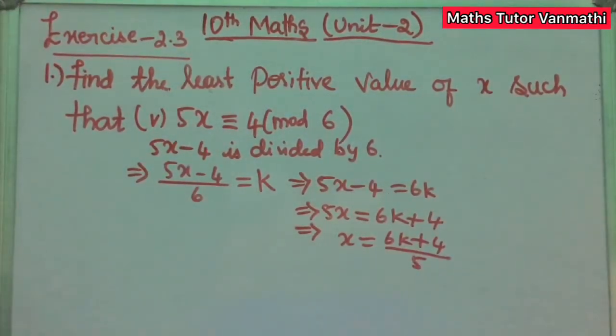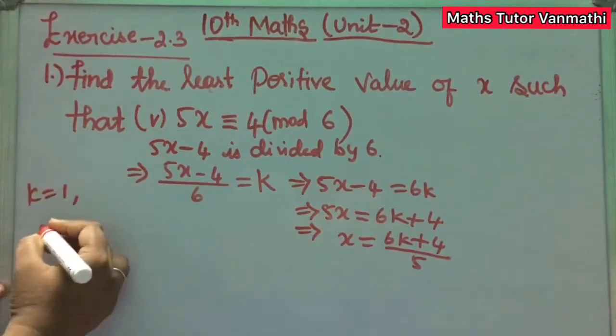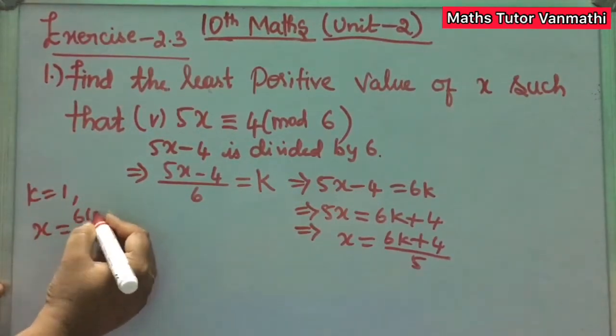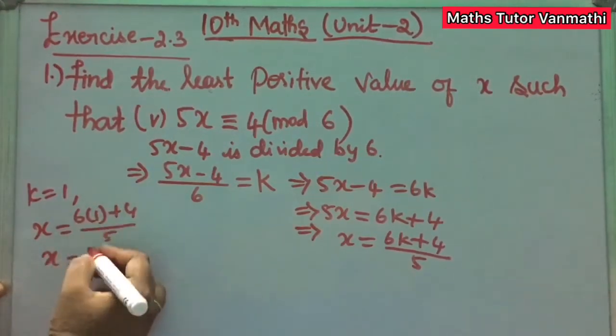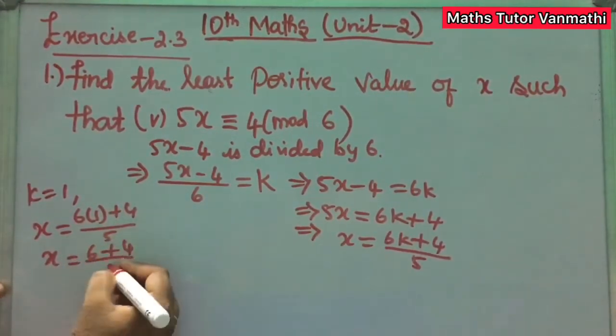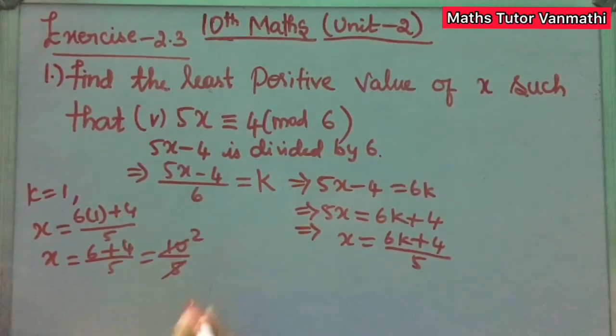Now we are going to substitute the values. First you take k is equal to 1. While taking k equal to 1, what will you get? x is equal to 6 into 1 plus 4 by 5. So x is equal to 6 ones are 6 plus 4 by 5. You will get 6 plus 4, 10, divided by 5. 5 twos are 10. So the starting value is 2.